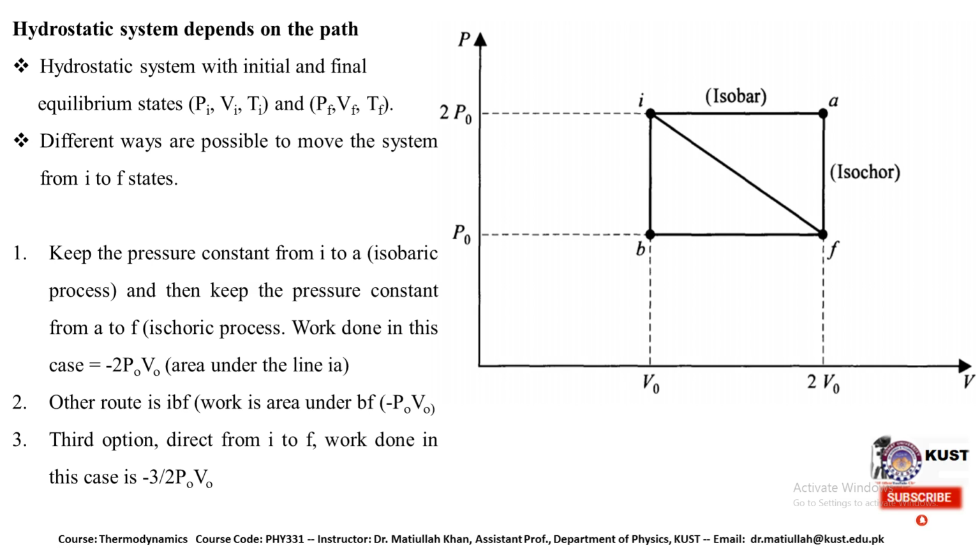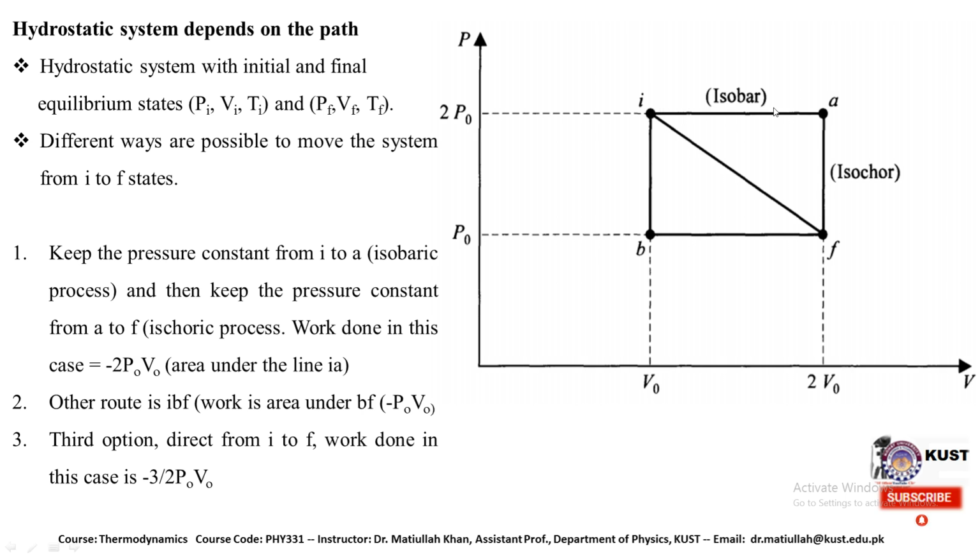So the first way to bring the system from the first equilibrium state to the final equilibrium state is called IAF. This path is divided into two steps: one is I to A, and the other is A to F.